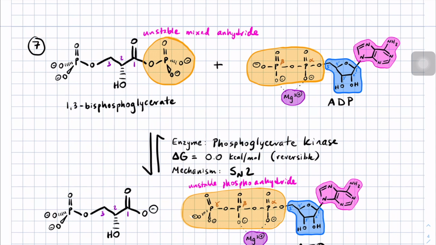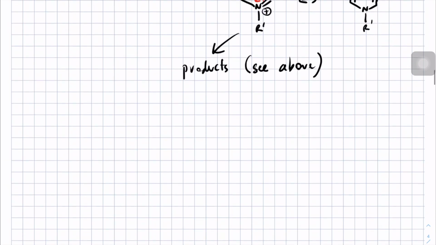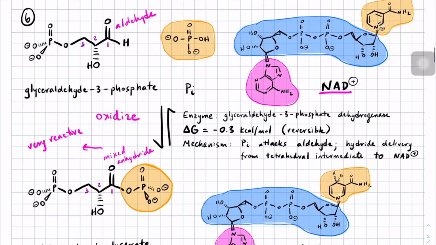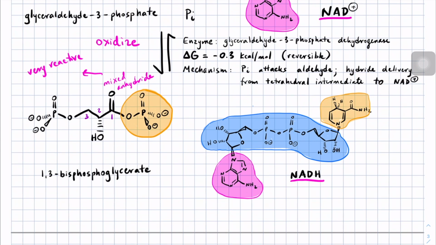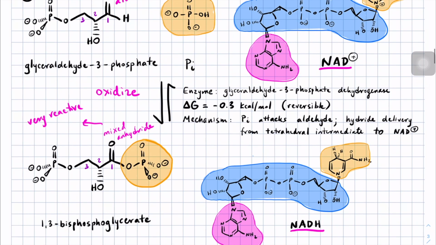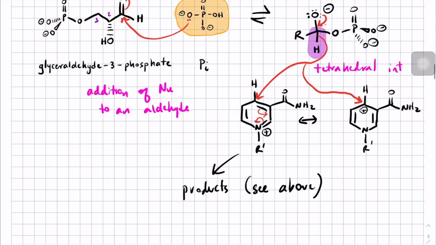The idea that you could recycle and convert ADP back into ATP without a change in free energy is remarkable, and it has to do with the fact that we've used the investment phase of our glycolysis to get to the point where we were able to make a high energy molecule from a lower energy molecule. I'm sorry, make a high energy molecule from glyceraldehyde 3-phosphate coupled with reducing NAD plus to NADH.